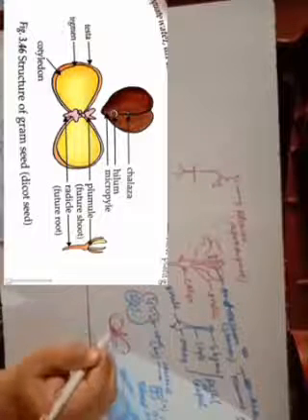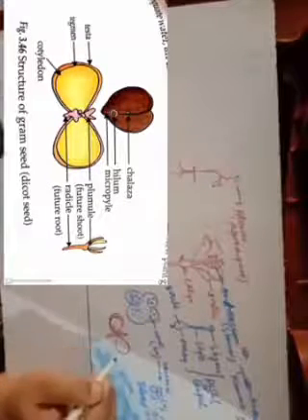In a dicot seed there are 2 cotyledons, which give nourishment to the embryo. Early nourishment was given by the endosperm, and later on by the cotyledons. At the tip of the embryonal axis is the plumule. Plumule gives rise to the shoot system.